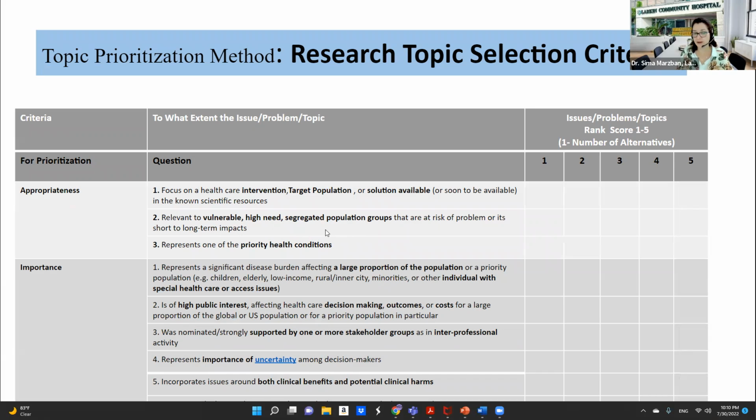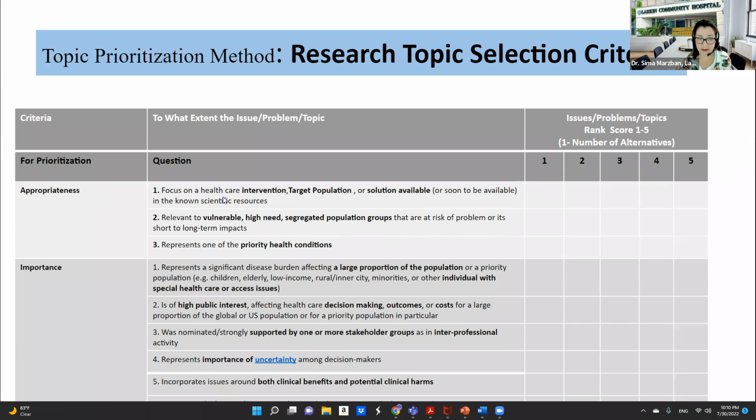So ignore the last one and focus on this. Score the first topic that you listed in your worksheet through this checklist for prioritization. Rank and score from 1 to 5.